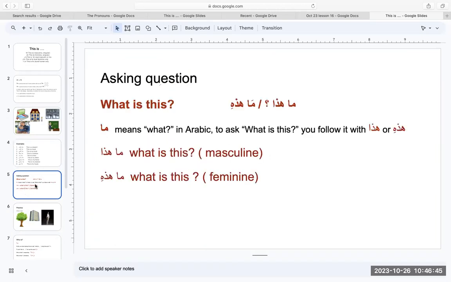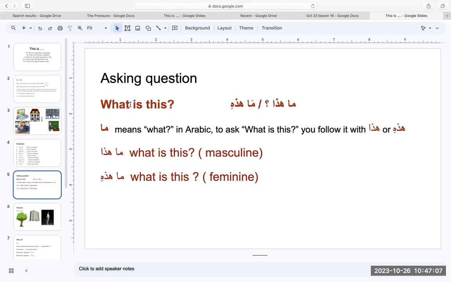When you ask about what, here I want you to put it in your mind that in English, we use what to ask for verb and for noun. So, what is this?